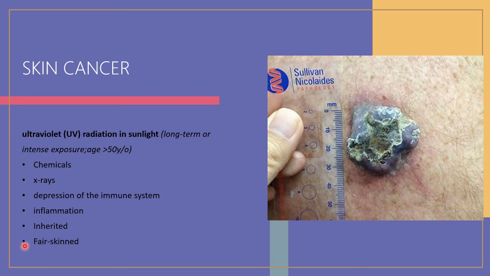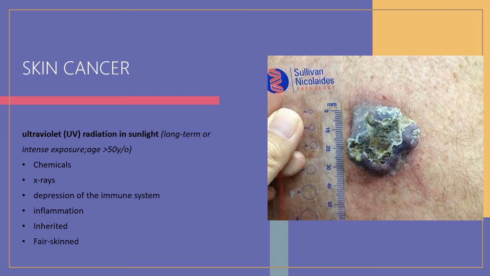And those who have fair skin compared to dark skin, fair skin have higher risk for developing skin cancer because the amount of melanin is actually protective to our skin, no? That's why if you are fair skinned, you have less melanin, and that means an increased risk of developing skin cancer compared to those who have dark skin.